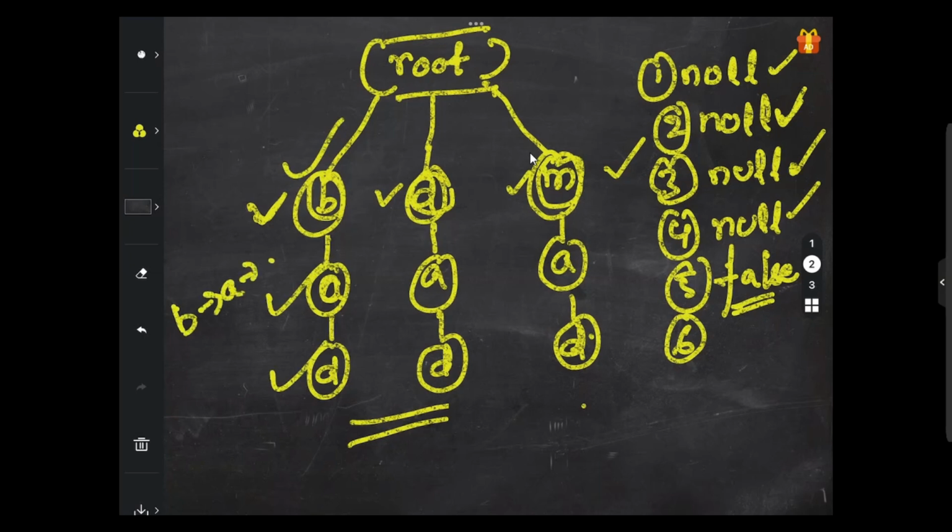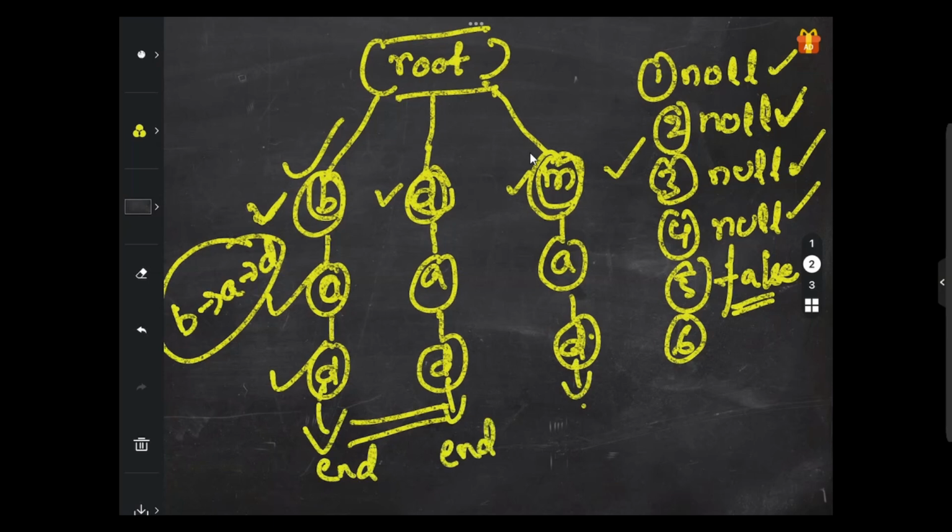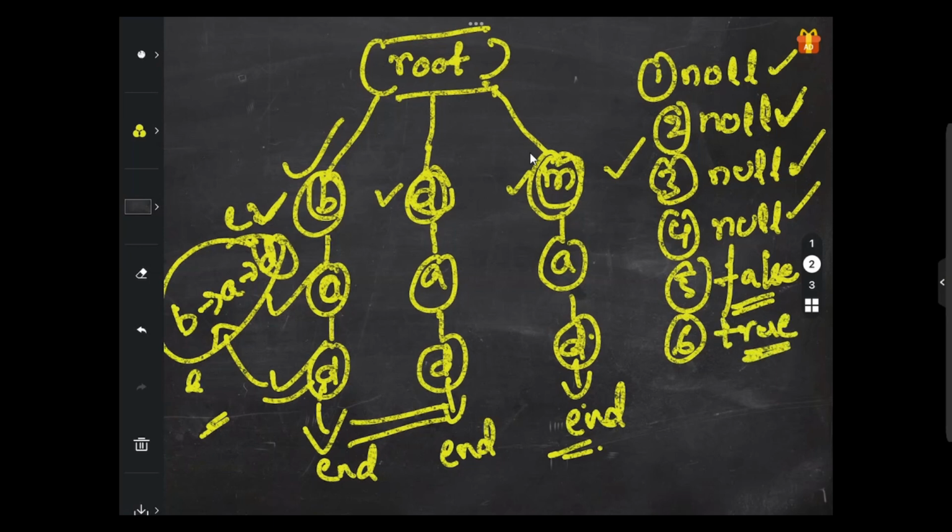So B, A, D is found in the trie, and we mark the last letter as end. D is marked as end here, this matches D, and all the characters are present, right? So this will be true. The return value of search is Boolean, so we return true.